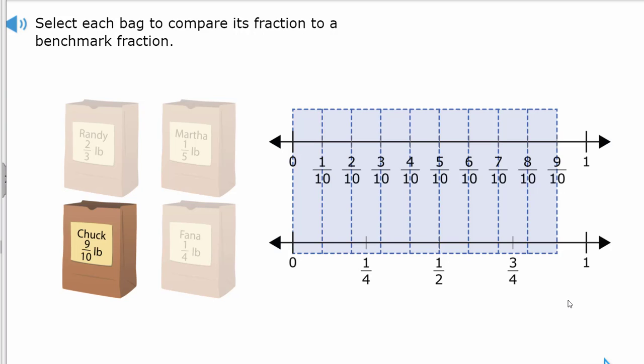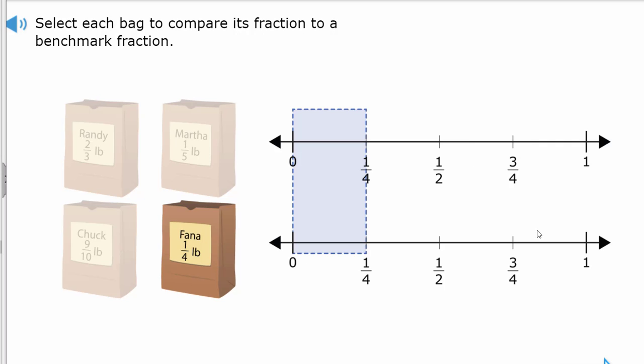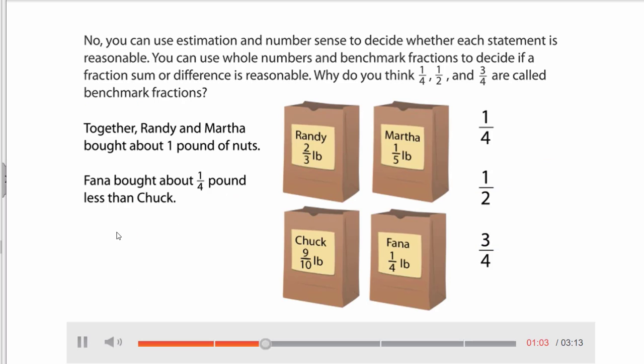It's closer to 1, the whole one. And of course 1/4, this is one of the benchmark fractions that we are using. Okay, thank you Abdulaziz, and let's continue.